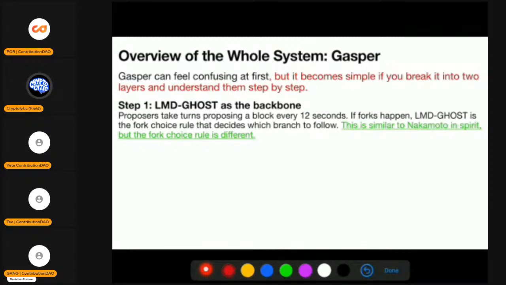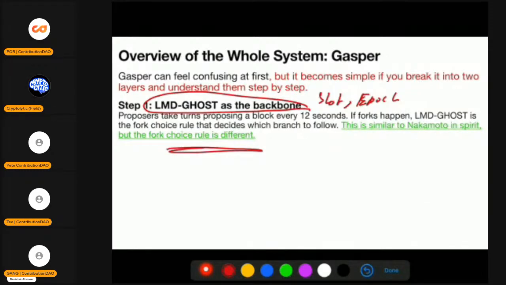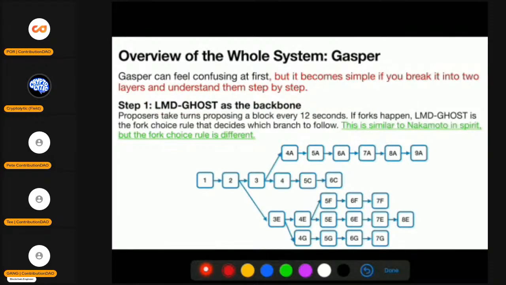First, you have to understand the backbone, the LMD GHOST, and this will provide you the concept of slots and epochs and the fork choice rule, similar to Nakamoto consensus, but the fork choice rule is different. So if Ethereum only had the LMD GHOST layer, you would have an Ethereum with a lot of forks.